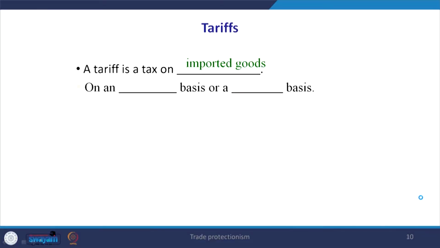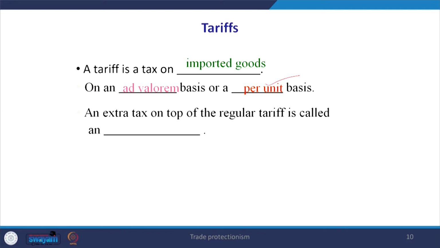As we discussed in the last class, tariff is a tax on the imported goods, on an ad valorem basis, or on a fixed basis, which is also called per unit basis. An extra tax on top of the regular tariff is called a surcharge or import surcharge.